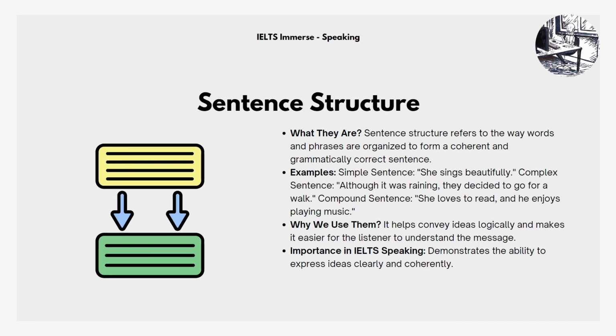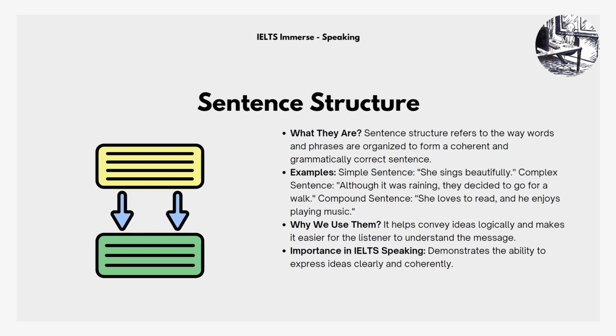Sentence structure. What does it mean when I talk about sentence structure? Well, sentence structure refers to the way words and phrases are organized, so they can form a coherent and grammatically correct sentence. A simple sentence: she sings beautifully. No problem with that, but if we want higher scores, we probably want to use a complex sentence. Although it was raining, they decided to go for a walk.